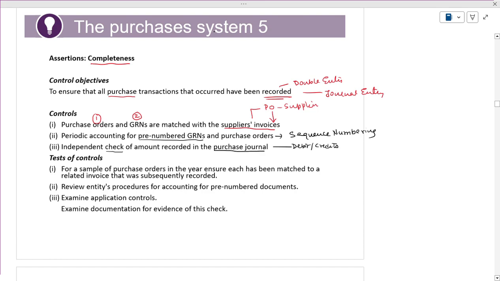These are the controls: your purchase order with GRN and supplier; we will have pre-numbered GRNs and orders; we will independently check the general entries. What are the tests of controls? Again the same process. Without going further, for each control there will be a test of control.